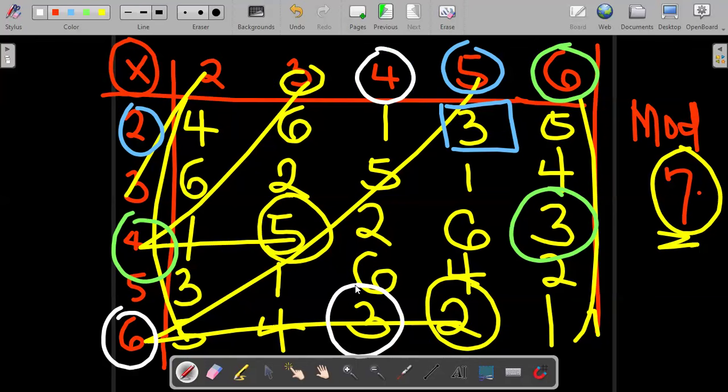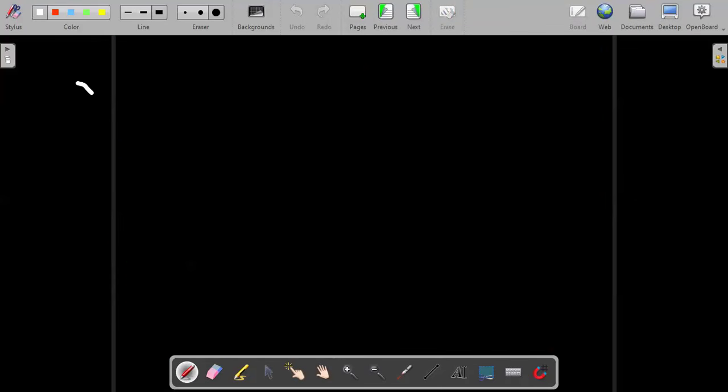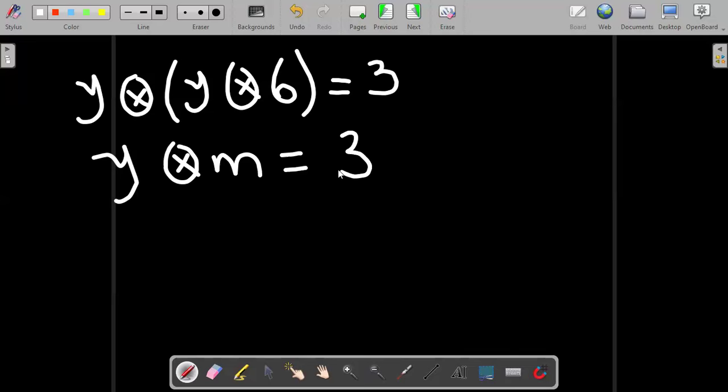You see that? So there are how many sets of numbers? 4, 2, and 5. So we have y operation 6, which we call y operation m, which equals 3.